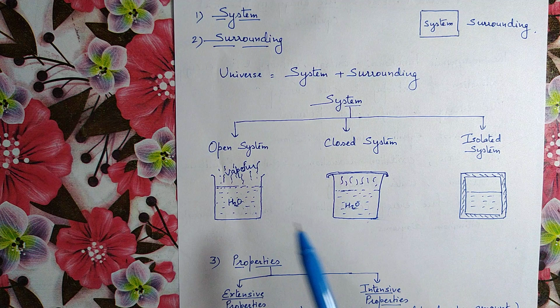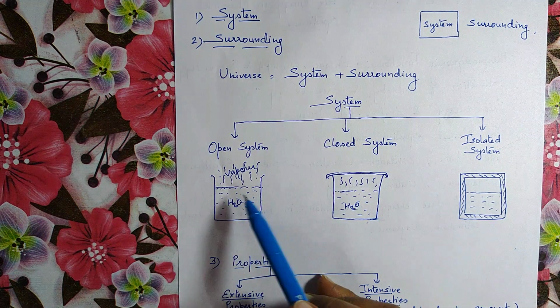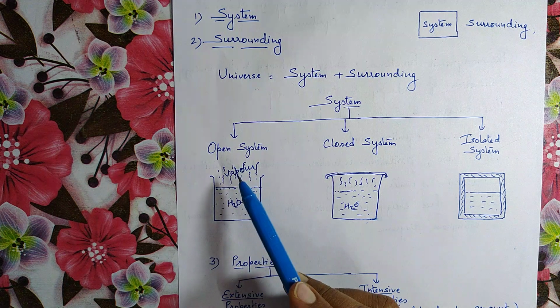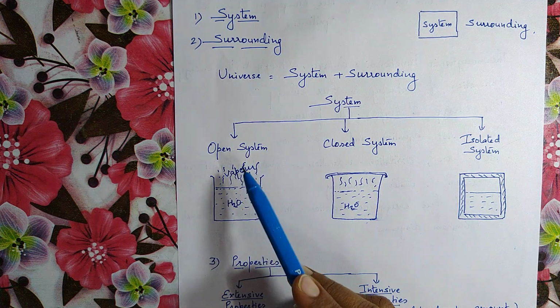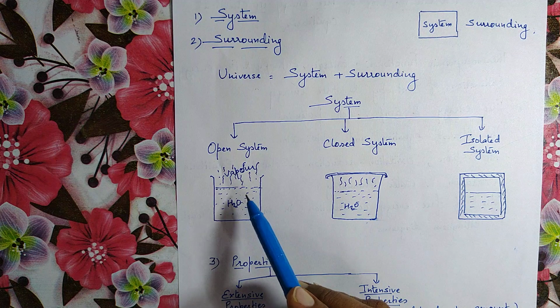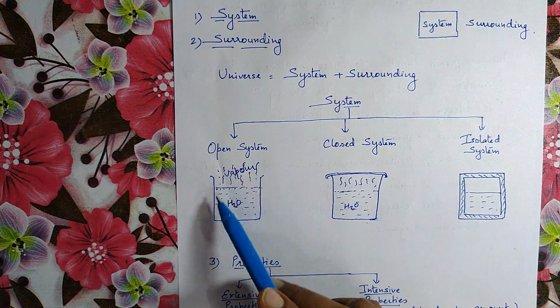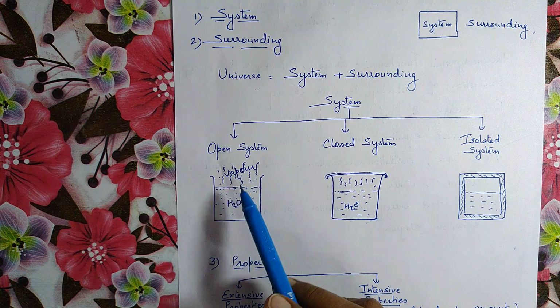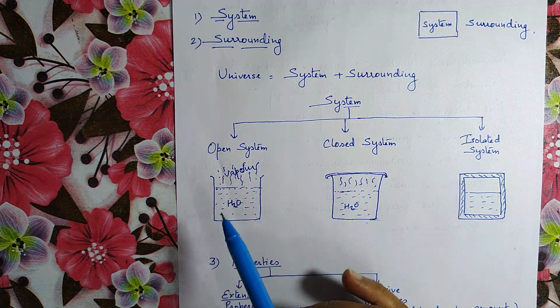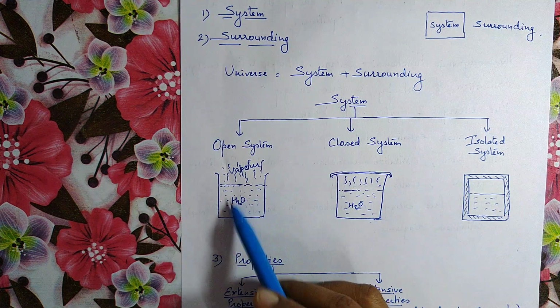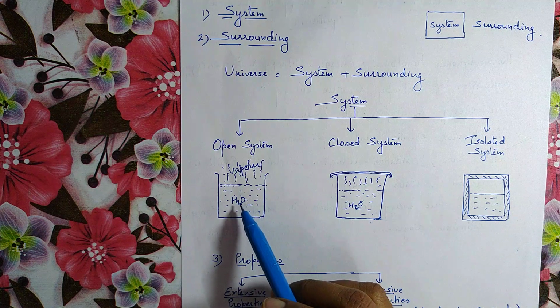For example, in this case, water molecules can exchange between system and surrounding and the heat of the system can also exchange with the surrounding. It means both mass, matter as well as energy can exchange with the surrounding. This type of system is considered an open system.